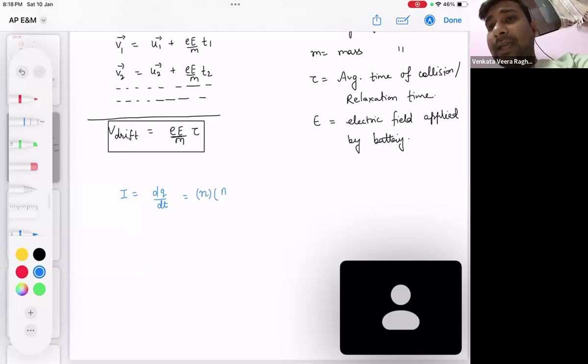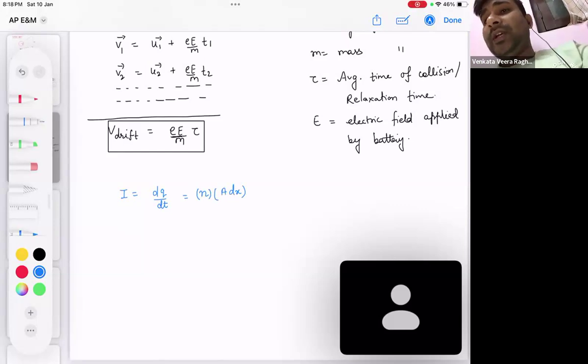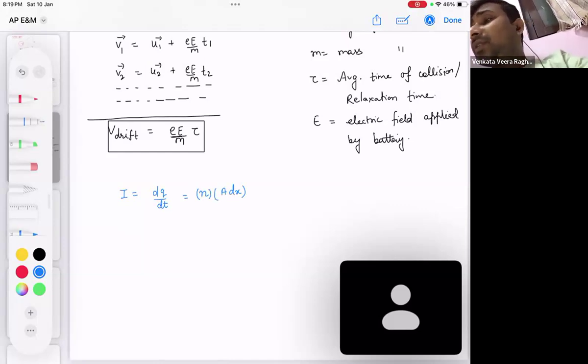Area is A and dx is a small segment length. So can I say that n into A dx is the number of electrons which cross that dx section? n is the number of electrons in unit volume, so how many electrons will cross that A dx volume?